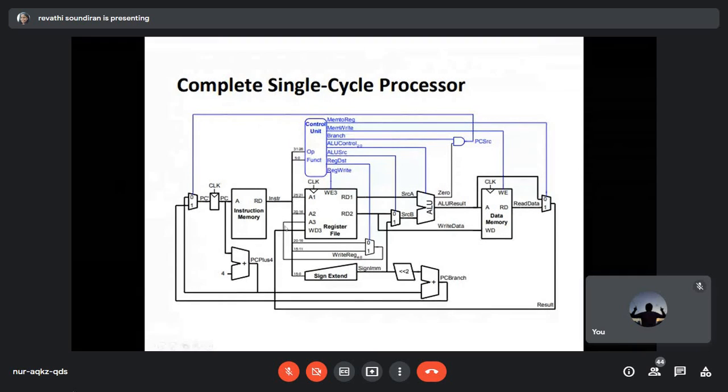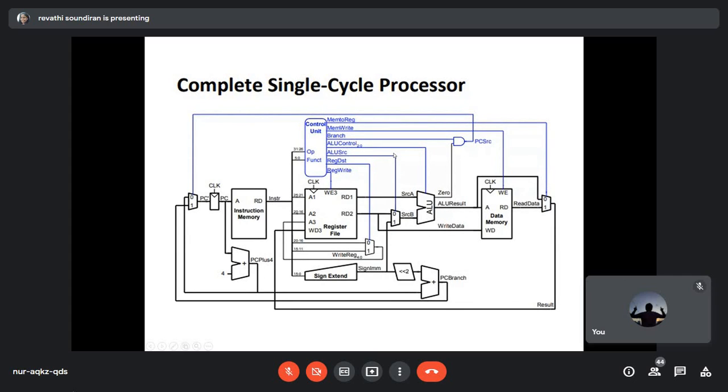The thinner lines are going to be the address, and the thicker lines are going to be determining your data path flow. So this is a complete single cycle processor operation, how it is going to look like. We have the control signals being generated from the control unit, which is being decoded based on the instruction.